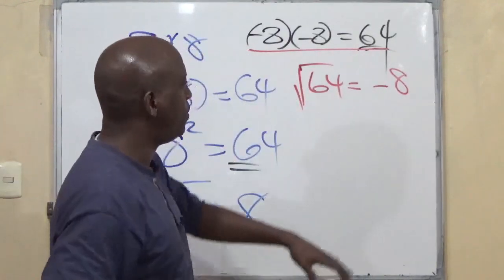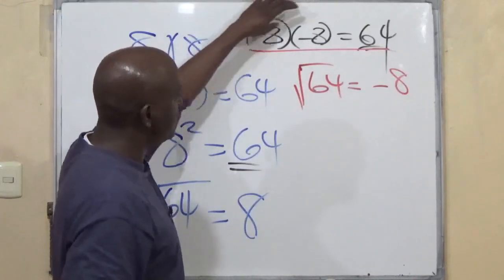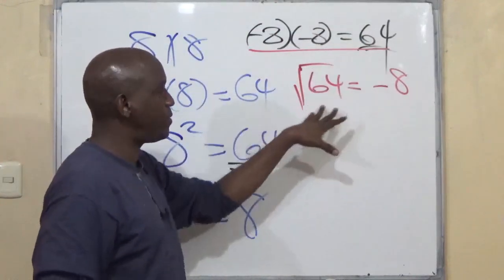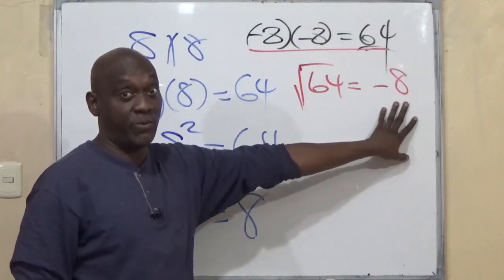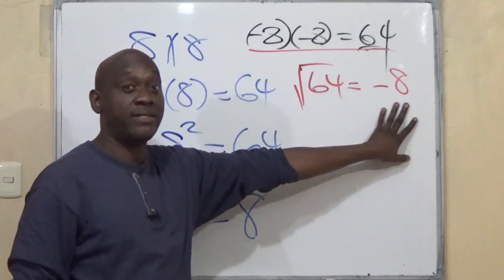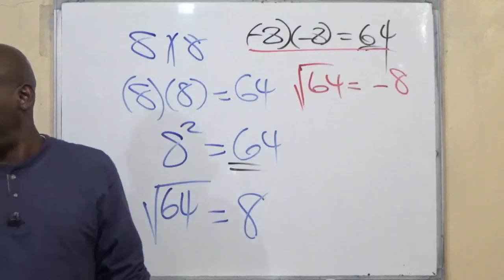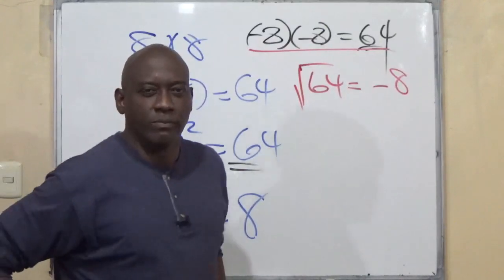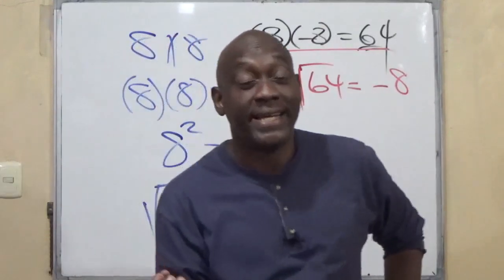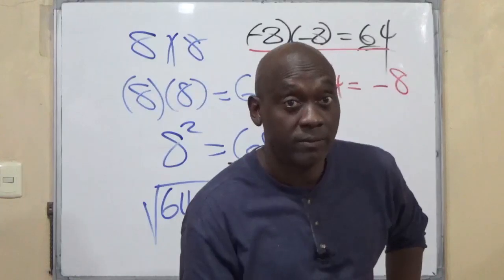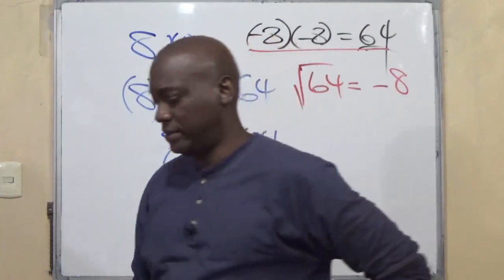We had to know now that because minus 8 by minus 8 is 64, we also have to consider that the square root of 64 is also minus 8, which means that whenever we consider the square root, we have to consider the negative root as well. Right?